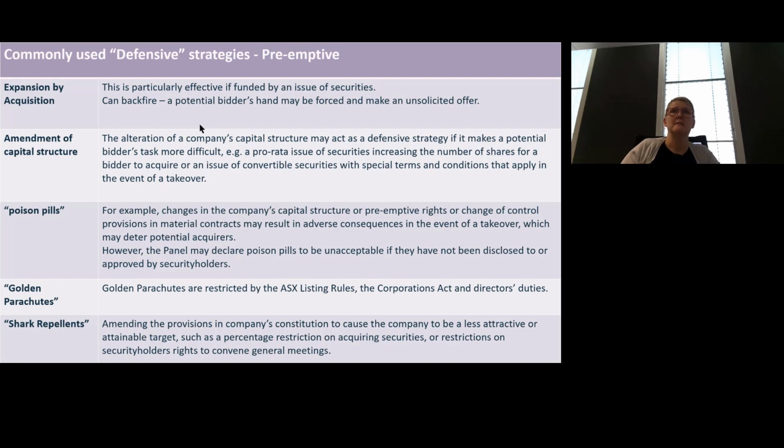The shark repellent. So including a provision in a company's constitution that causes the company to be less attractive as a target. So a percentage restriction on acquiring securities or restrictions on shareholders to convene general meetings, etc. Again, more difficult to do with an ASX listed company than in the unlisted environment, but these mechanisms still exist to an extent.